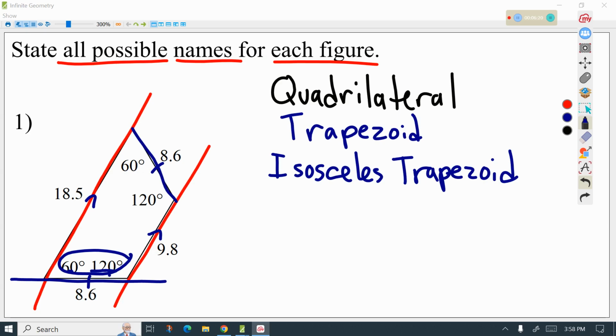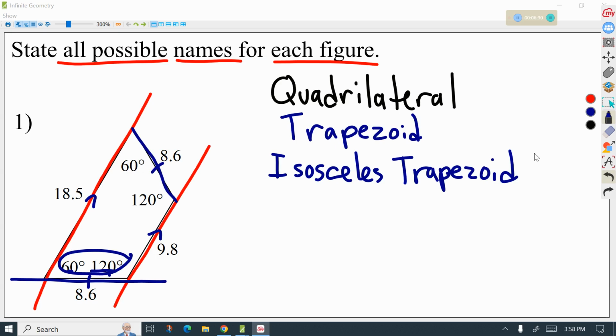So there we have it. This one is complete. These are the most names we could possibly give to this figure. The most specific name is the isosceles trapezoid, and the most general name is the quadrilateral. So go ahead and try the next one.